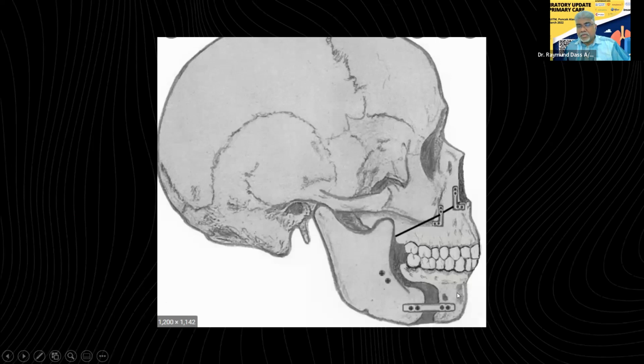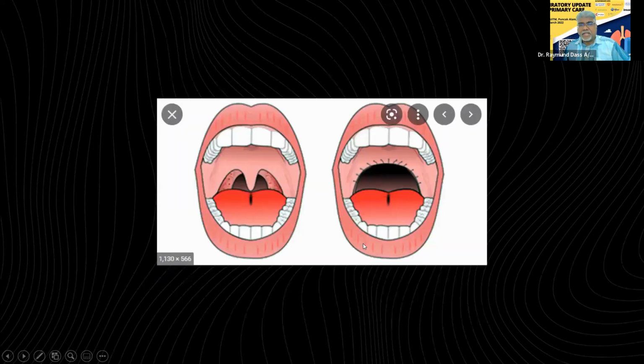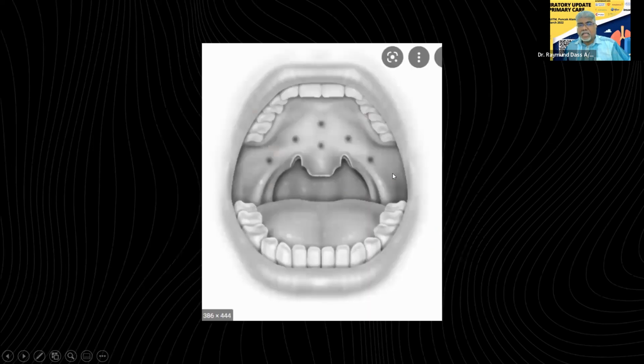While doing so, you'll be able to create a retropharyngeal space, right? This is a UPPP, where they do a surgery to remove the uvula to make the airway larger. And of course, this is laser-assisted uvuloplasty, just to create more space, all right?